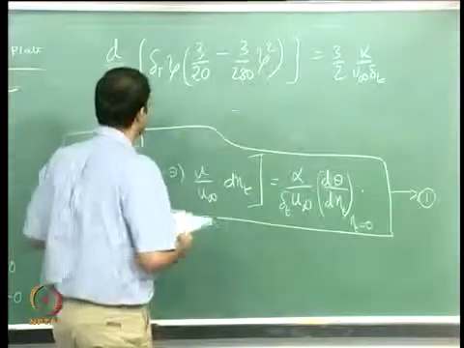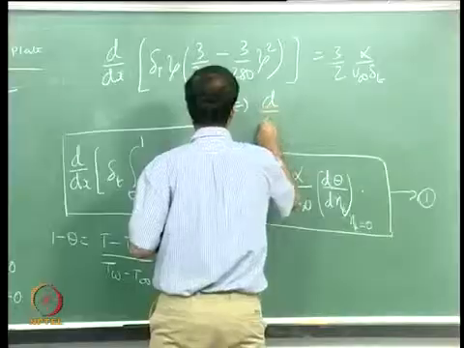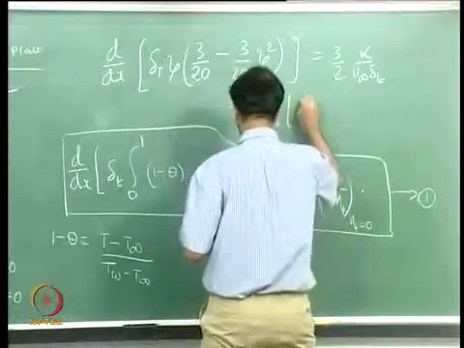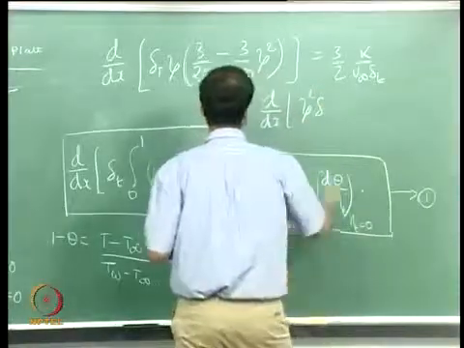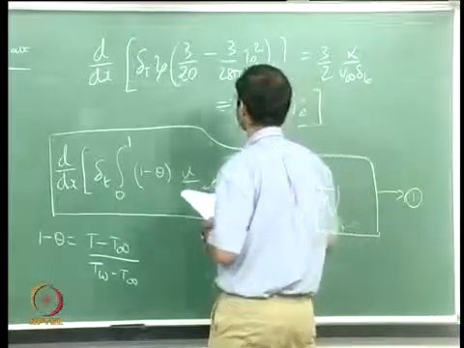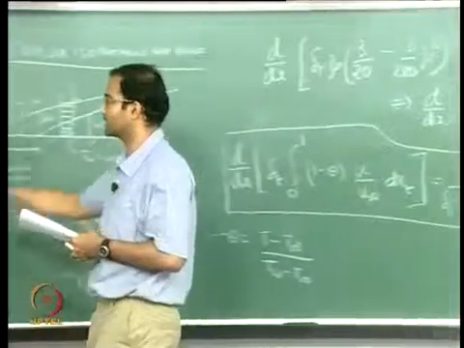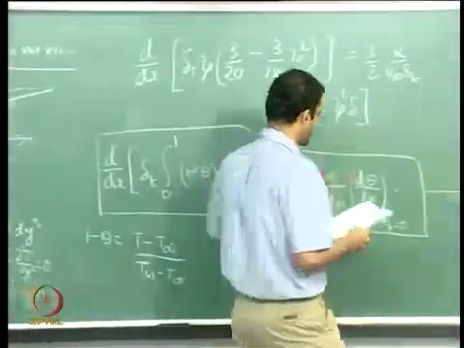So if you retain only the most significant term, it will be the first term. So this will be 3 by 20 into zeta delta t. Once again I can write delta t as zeta into delta, so this has become zeta square delta.